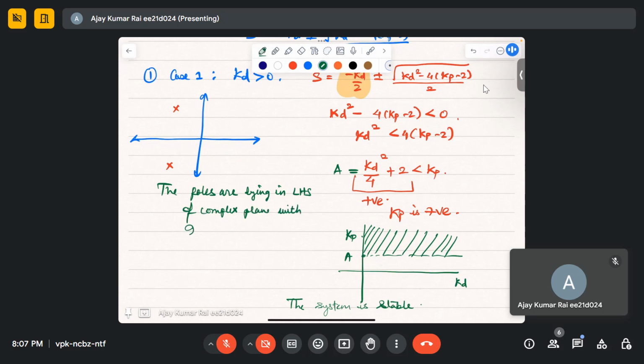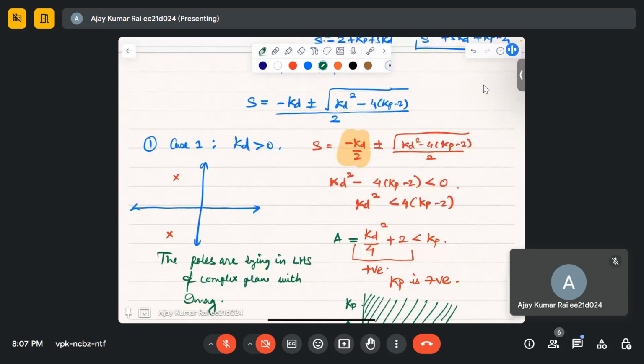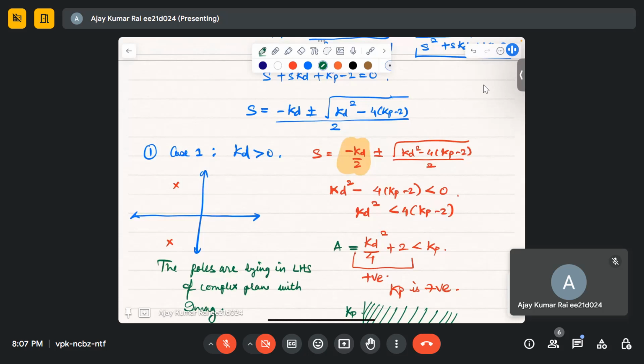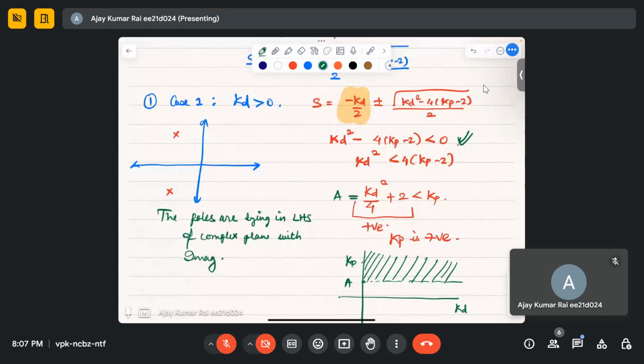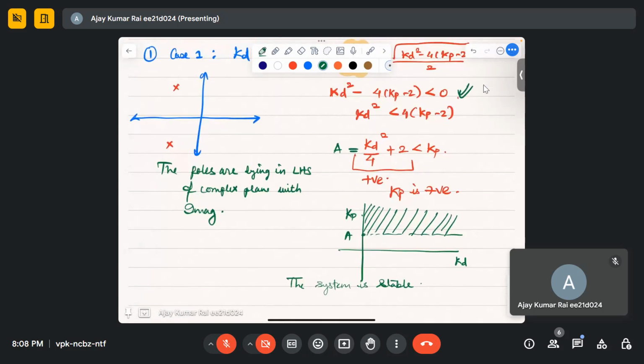Why am I saying imaginary part? Because of the Kd square minus this term, if you see the equation. This is case 1, right? Other cases can also happen.